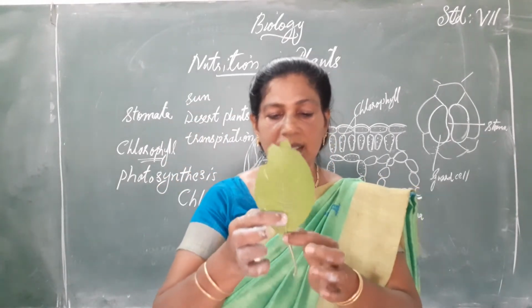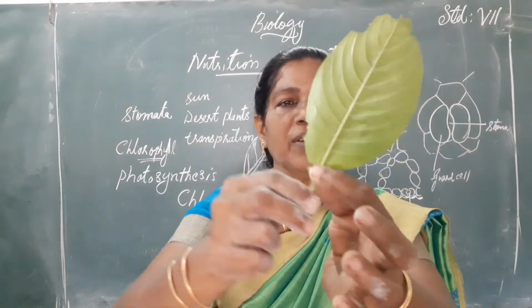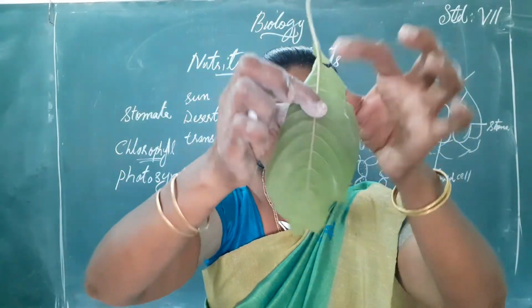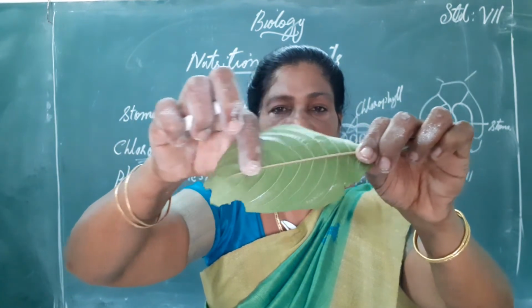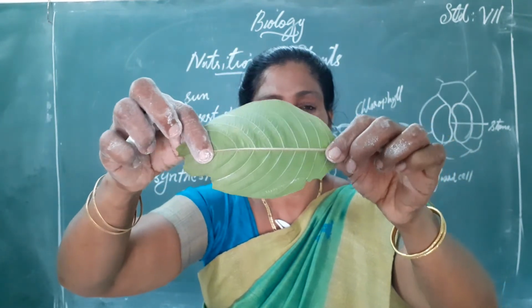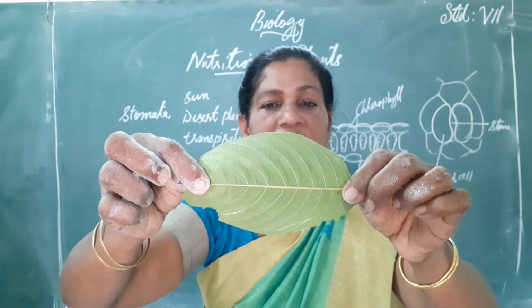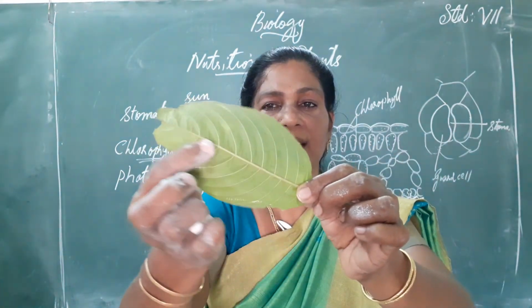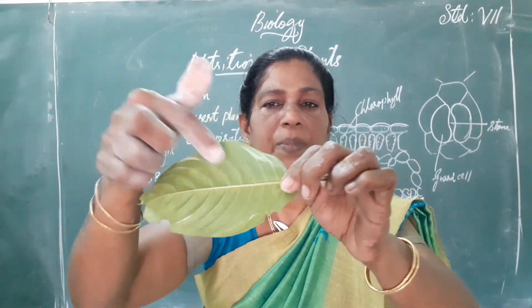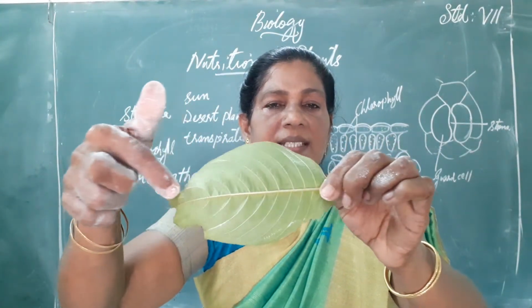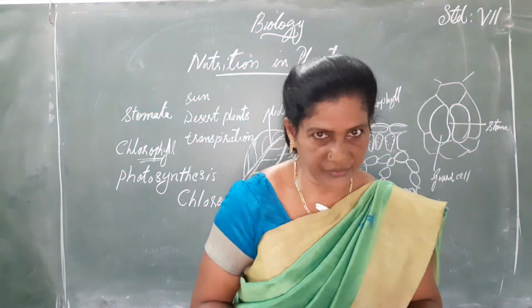And if you observe carefully, you will see that the leaf has a midrib. There are tube-like structures present in the leaves: a central midrib, and sidewise there are veins present in the leaf.